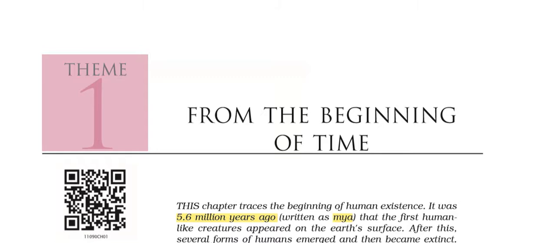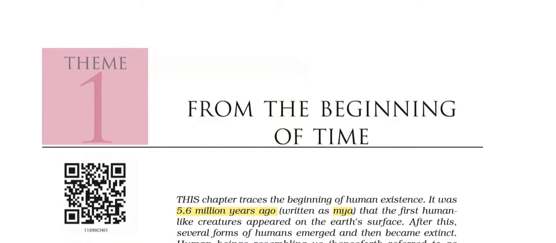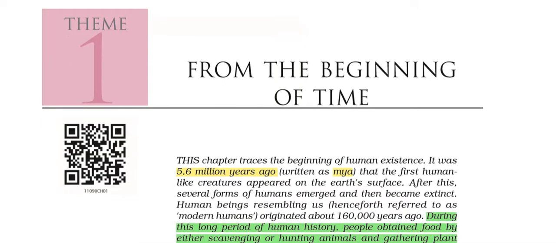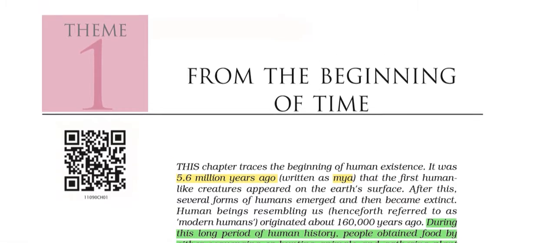So what you write and learn is for 80 marks, and you'll prepare a project which is of 20 marks. Information about the project will be given when we reopen, and I'll tell you how to proceed in your project work. That will be at the end of the session, right? Okay, now the theme to be precise is theme 1, From the Beginning of Time, right?